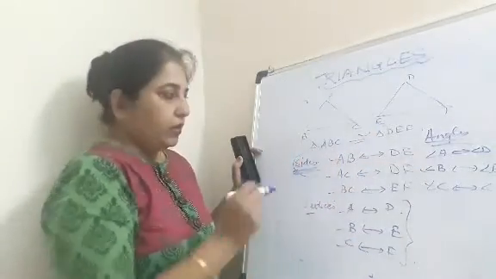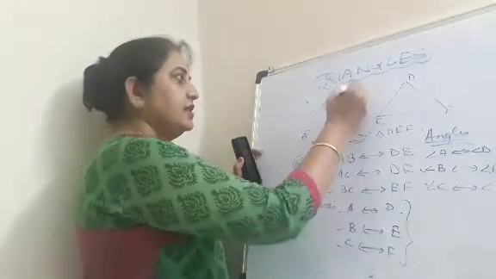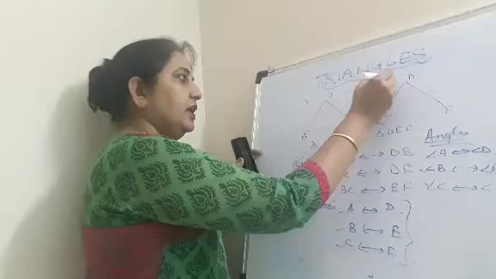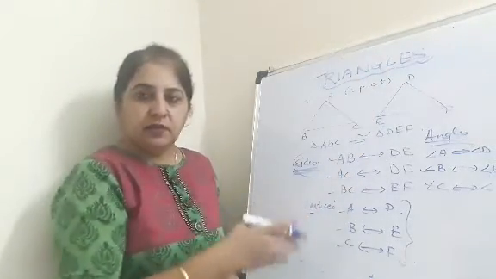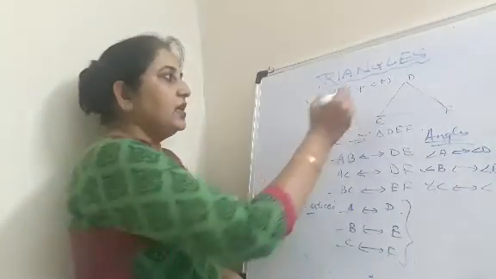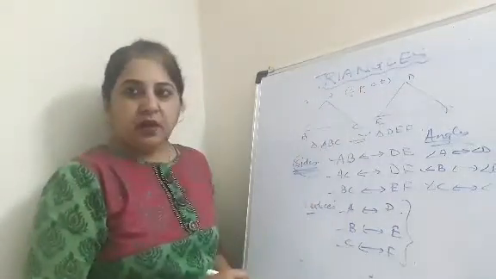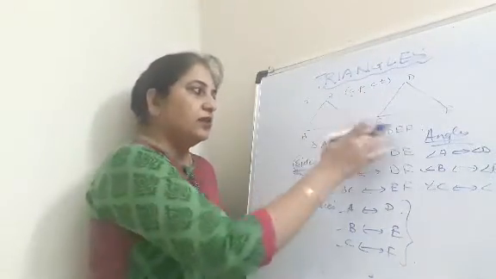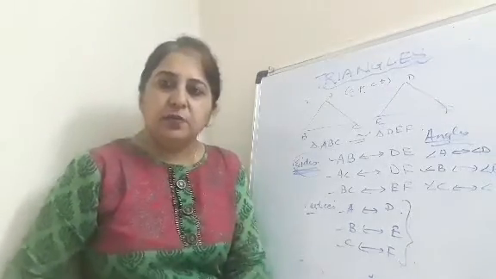In short, for corresponding equal parts, we write CPCT. You have to remember all this because we will use it in the exercises. CPCT means corresponding parts of the congruent triangles, and when two triangles are congruent, their corresponding parts will always be equal.